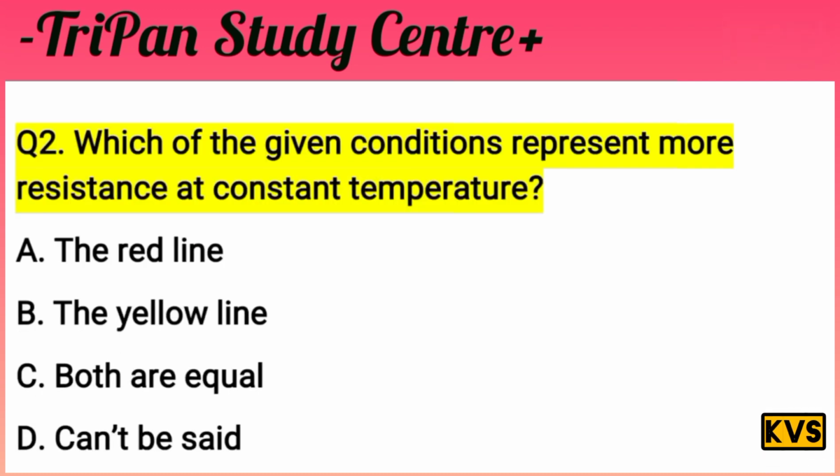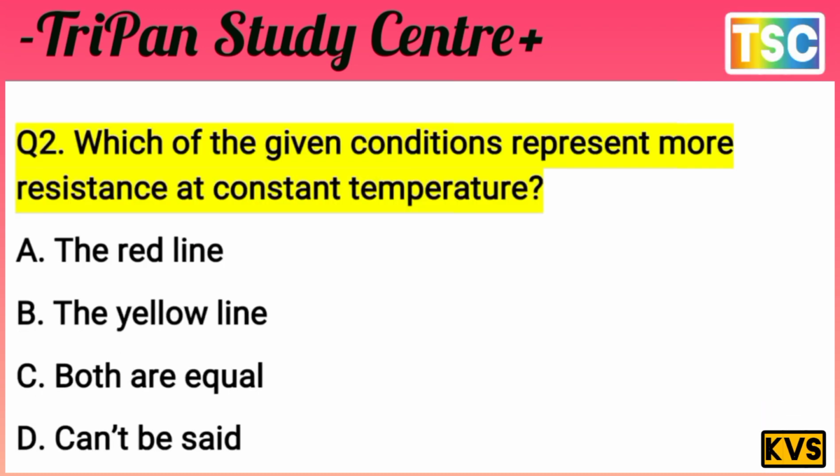The next question: which of the given conditions represents more resistance at constant temperature? The options: A, the red line, B, the yellow line, C, both are equal, D, cannot be said.